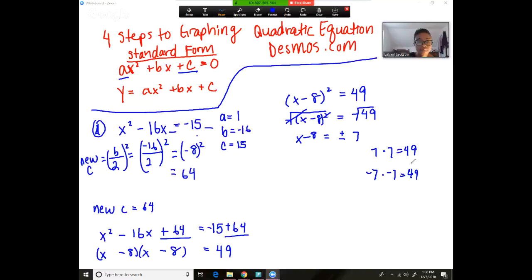All right. So we want to isolate the x again. So we've got to get that negative 8 out of there by adding 8 and get x by itself. And this looks interesting, right? We've got positive 8 plus or minus 7. I'm going to write it like this.